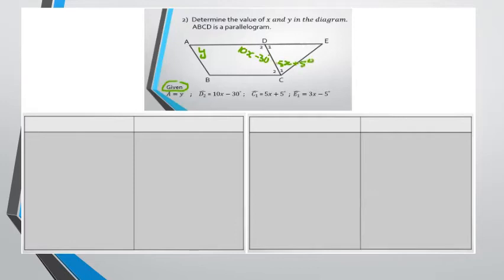Then angle E. Now guys, I see that I've made a mistake. There's only angle E, so I'm going to take it as angle E. So I'm going to write it in there as 3x minus 5 degrees. Right, there I got my information.